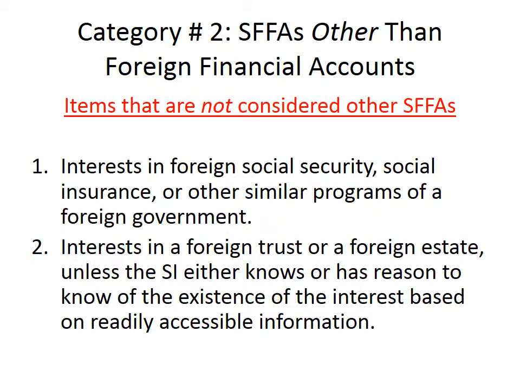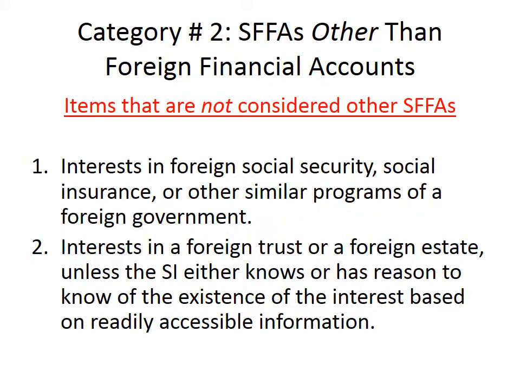We're doing the same here in category number 2. We've identified the items that are considered other SFFAs, and now we're defining what items are not considered other SFFAs. That's a tongue twister.